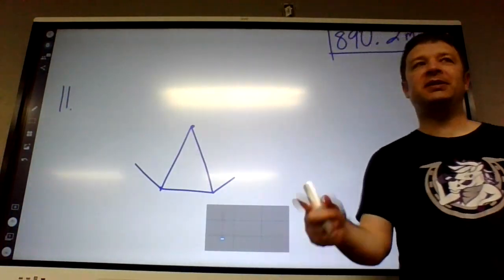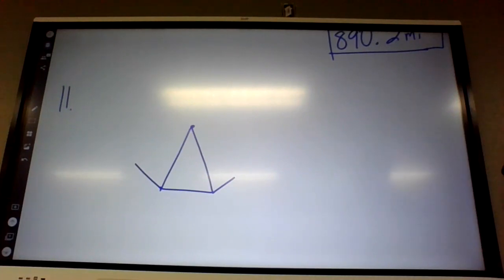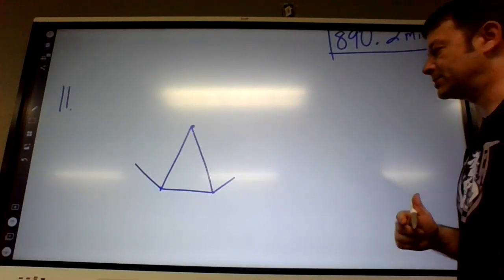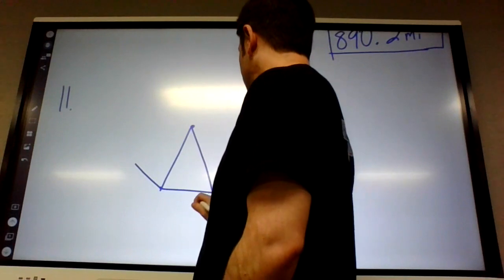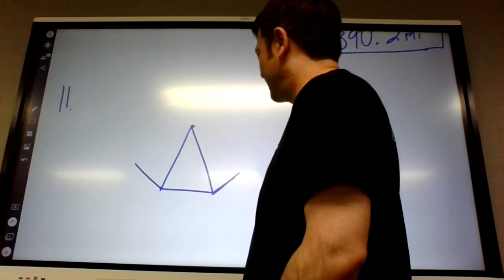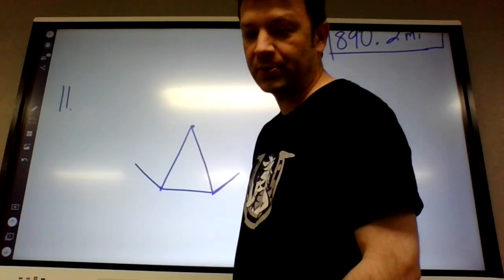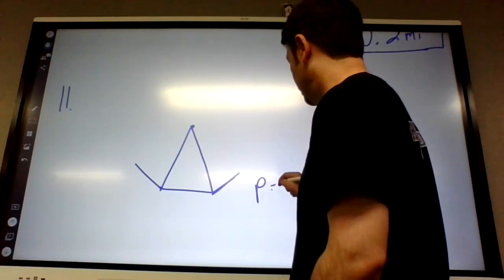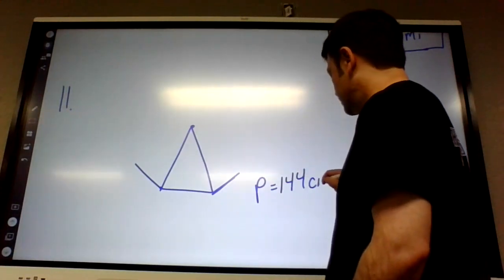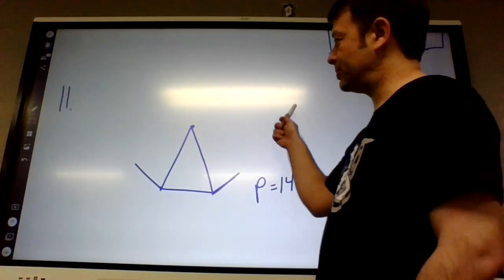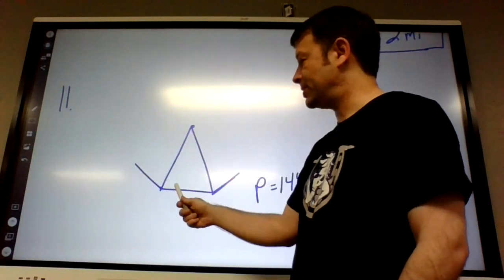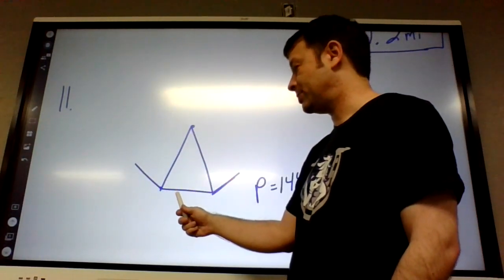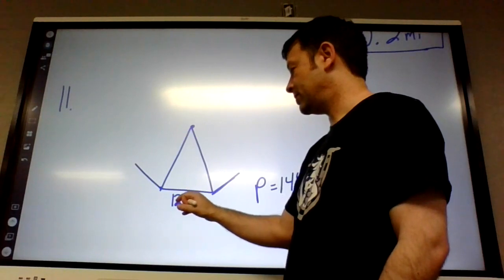Dodecagon. 10 sides is decagon, 12 is dodecagon. Yeah, so it says on this one, perimeter is 144. So that means all 12 sides add up to 144. So each side is 144 divided by 12. So we got another 12 down here.